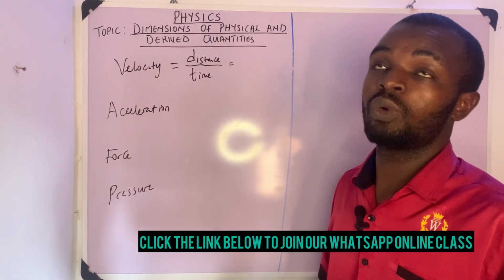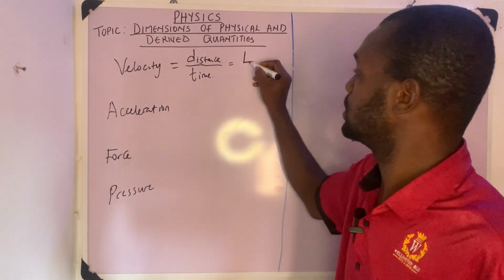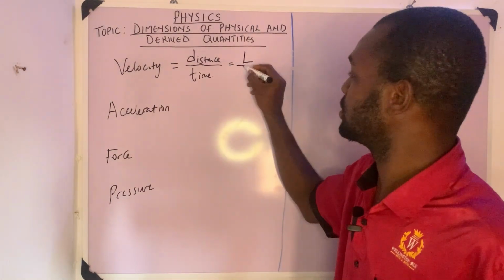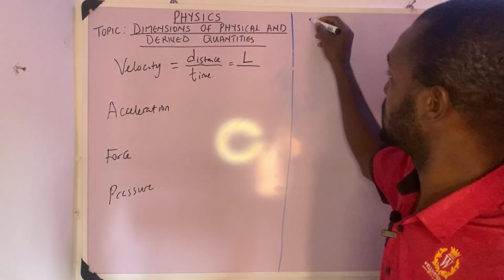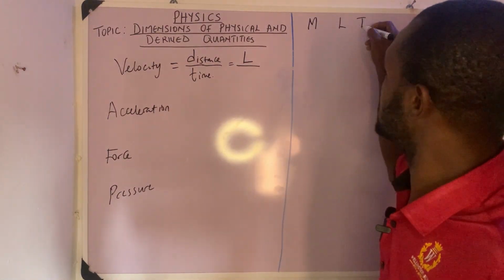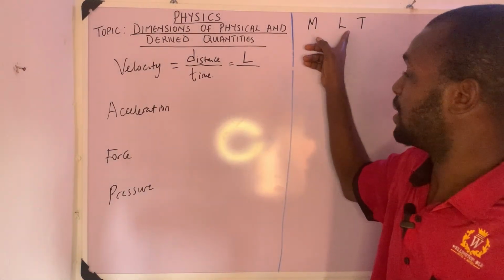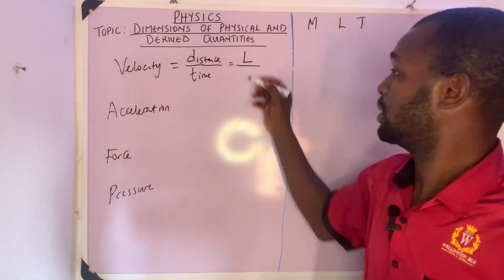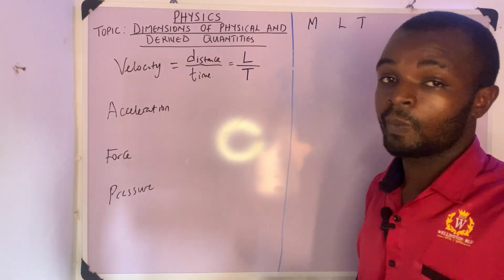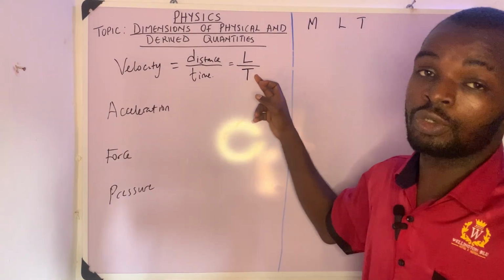Now, if you are asked to form the dimension of velocity, remember, distance is measured in meters, and I told you, any quantity that is measured in meters, the dimension will be length. We have divide. Now, time. Remember, the dimension we are dealing with is M, L, and T. For time, the dimension is T. The rule states that nobody should be up and no one should be down.